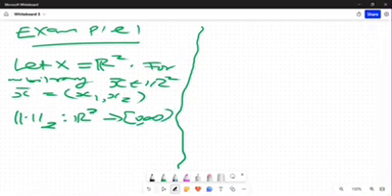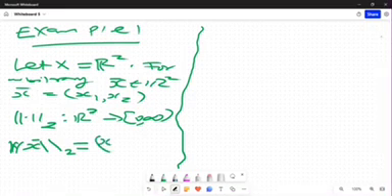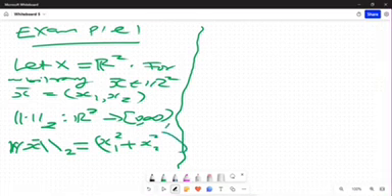The norm itself is defined as follows: norm of X bar, because this X bar is from R2, and we call it norm 2. We define it as follows. If you pick X bar from R2, it is simply X1, X2. So the norm is X1 squared plus X2 squared, everything to the power half.